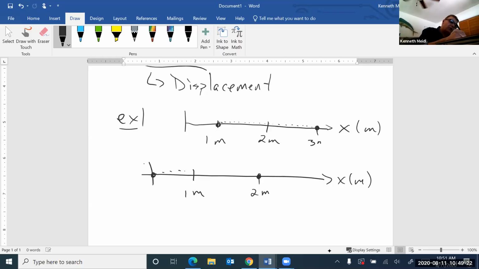So it moves from the origin, and it stops at the 2 meter mark.